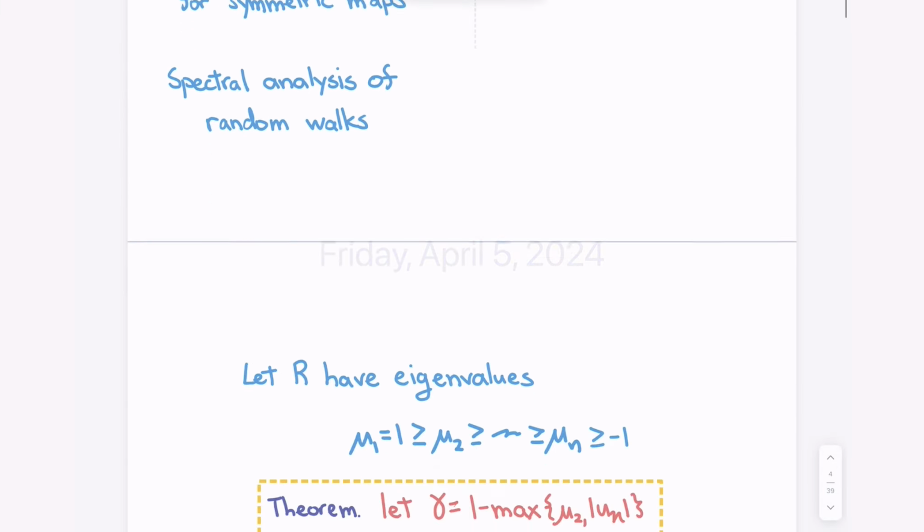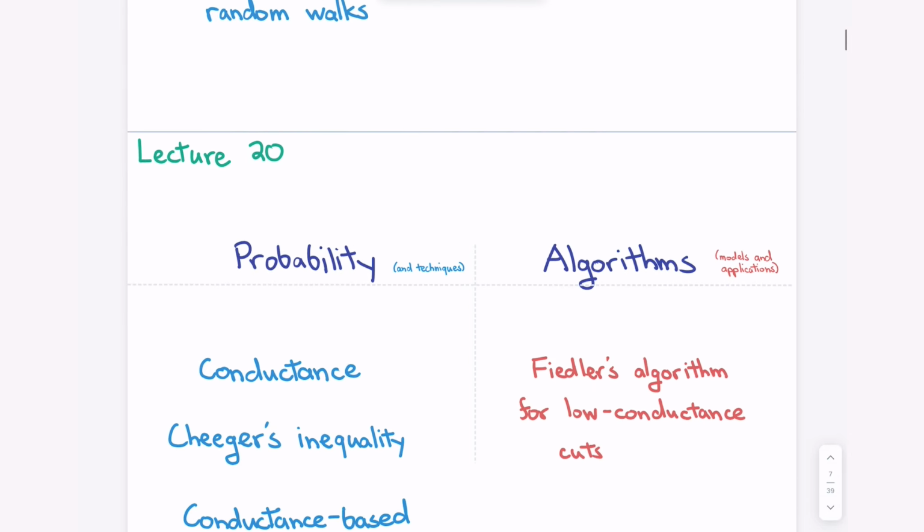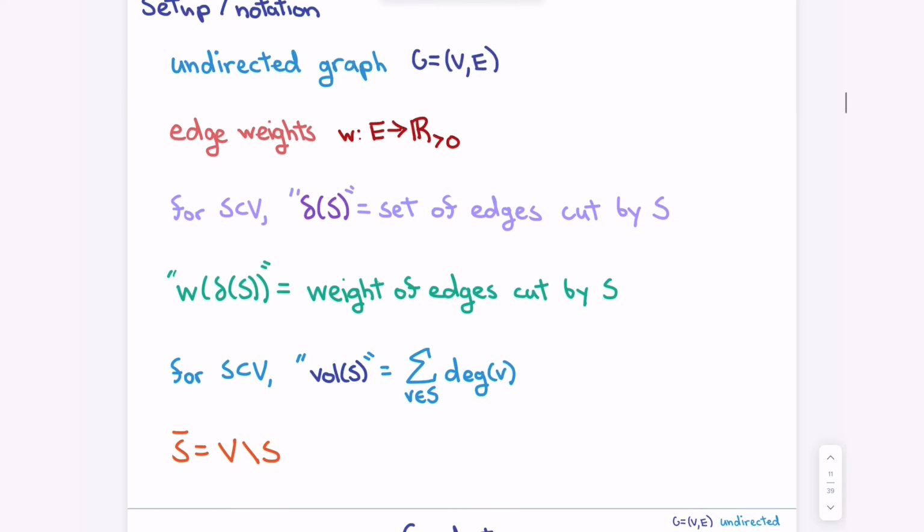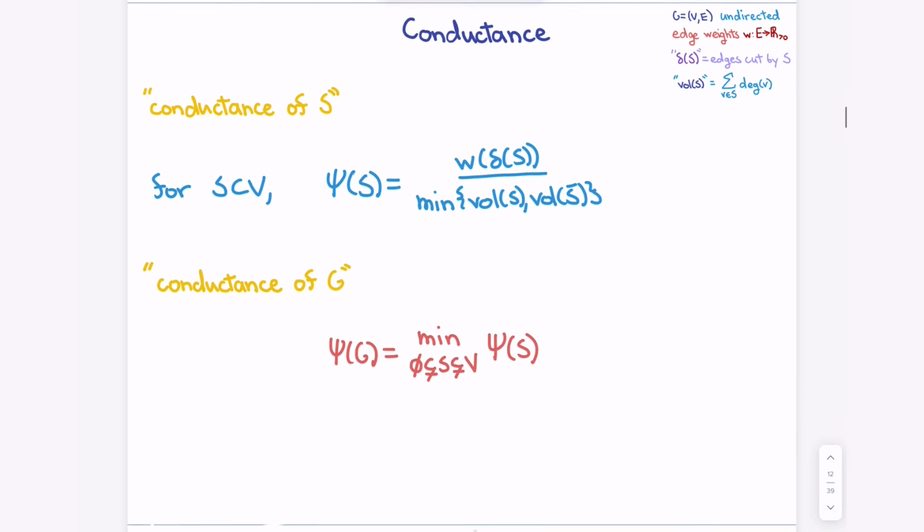All right, let's get started. What are we talking about? We are talking about conductance and its relation to mixing time. Conductance is like sparsity, except it's weighted by degree, and that's the only difference. There's our definition of conductance.